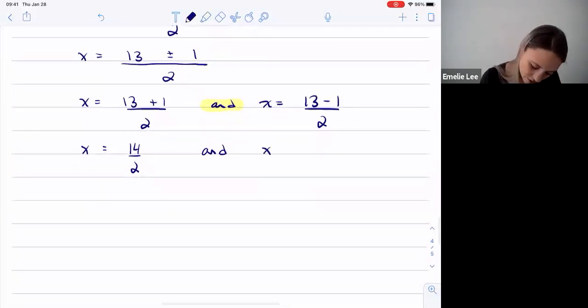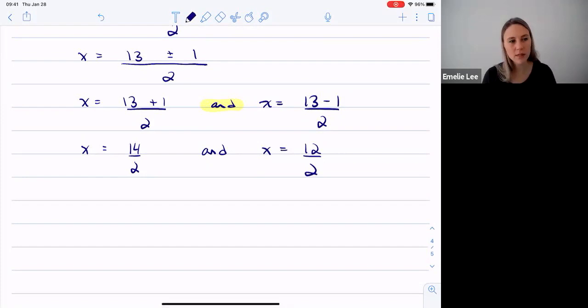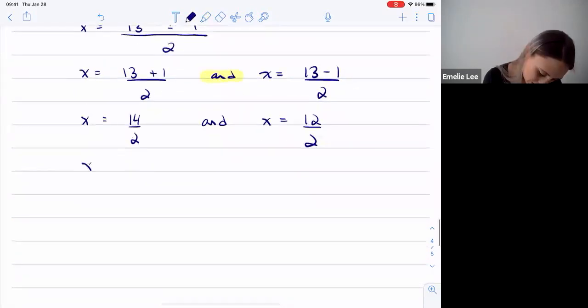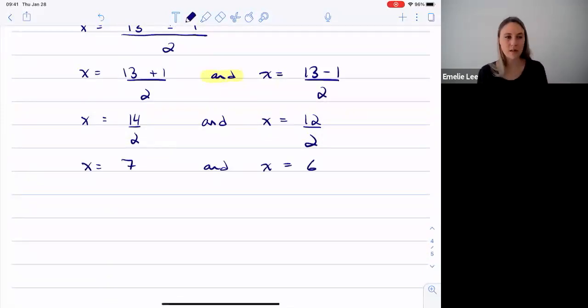But I just want to show every step. So 13 minus 1 over 2 is 12 over 2. Okay. So of course, x equals 7 and x equals 6. Okay.